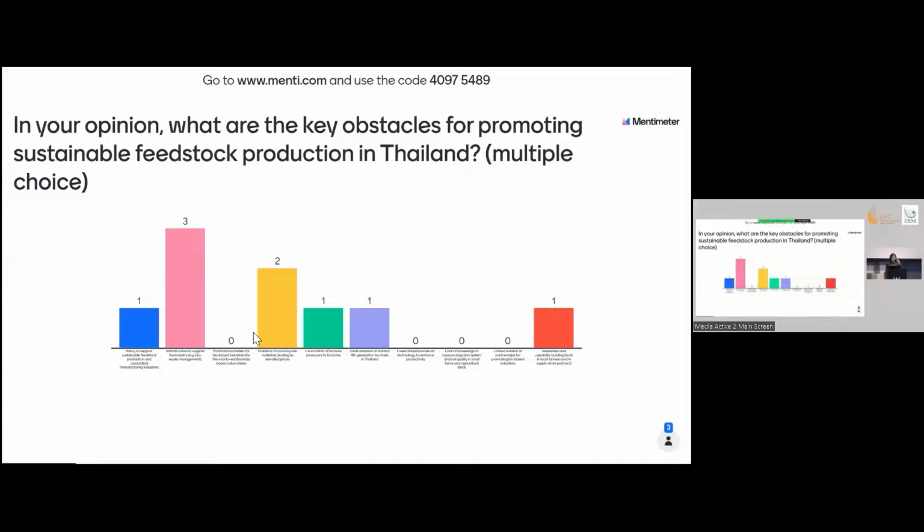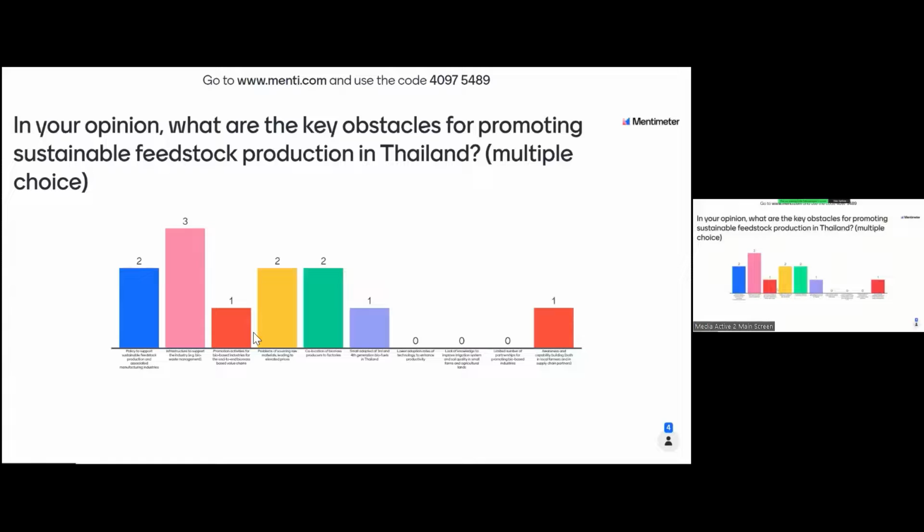We'll give it a few seconds. I think we already have a few votes in, and mostly around policy support, infrastructure, problems of sourcing raw materials, definitely, which is a supply chain aspect, infrastructure, it's getting more votes, co-location of bioproducers to biorefineries.